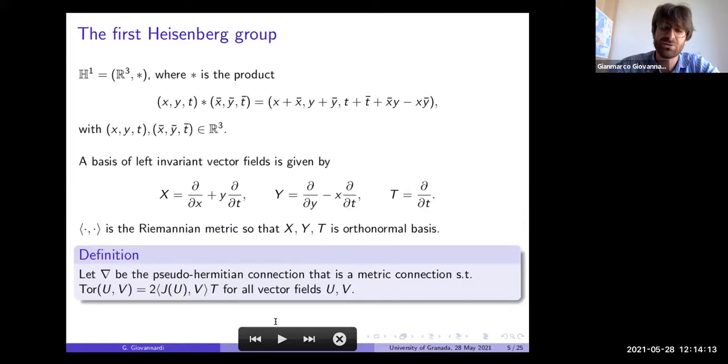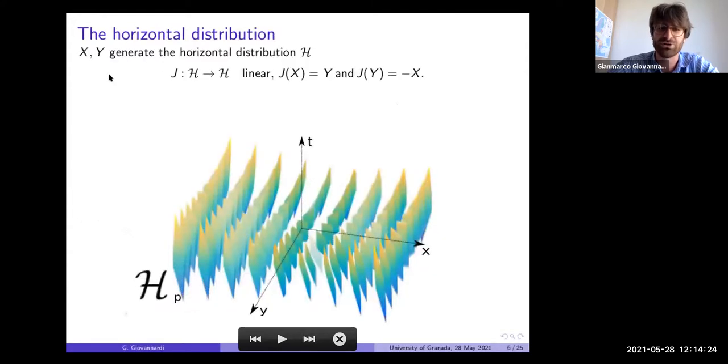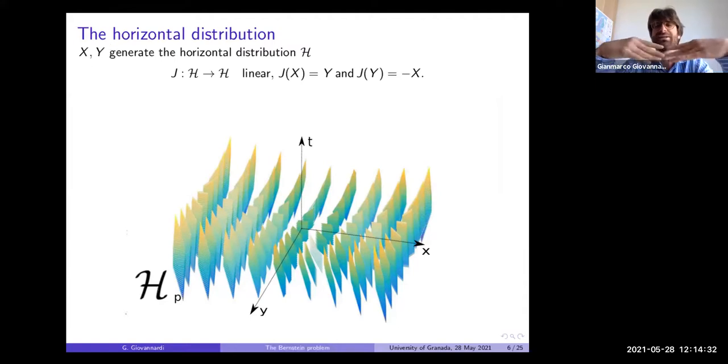So let me be more precise about the distribution and how we define it. We consider these two vector fields, x and y, and we generate at each point of the space the distribution that is generated by these two vector fields. So at each point of the space, we have a 2-dimensional plane in a 3-dimensional space. And of course, at the origin, this plane is the xy plane.